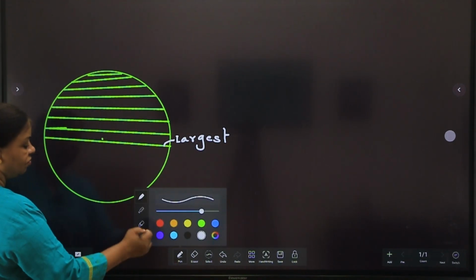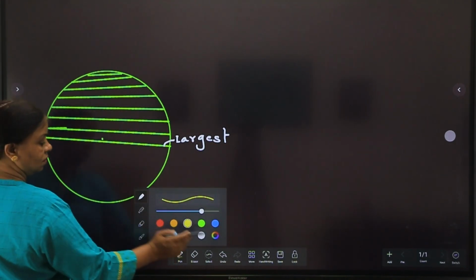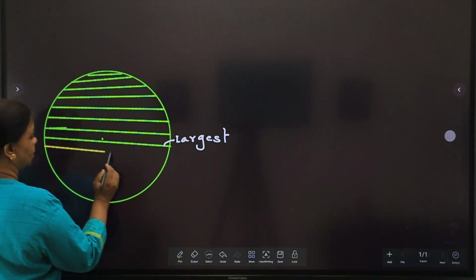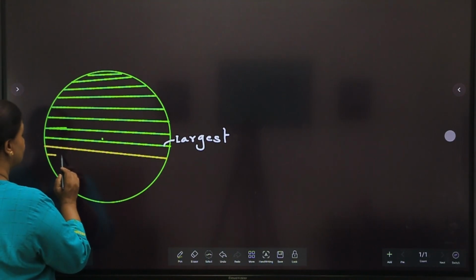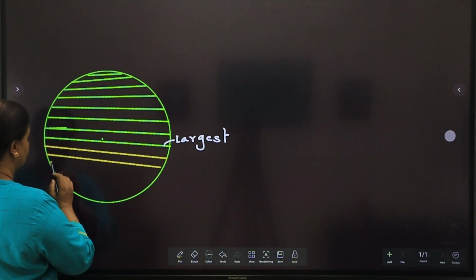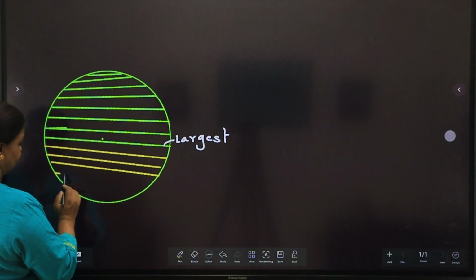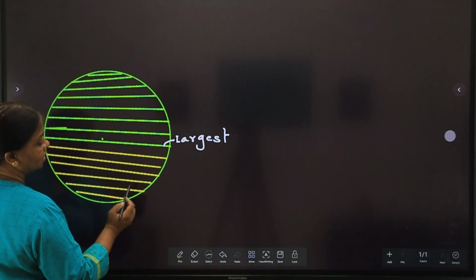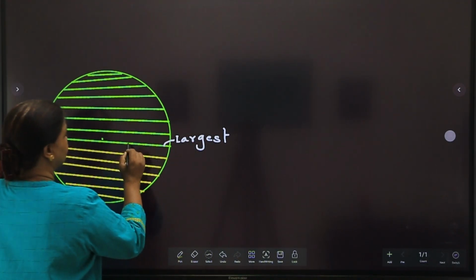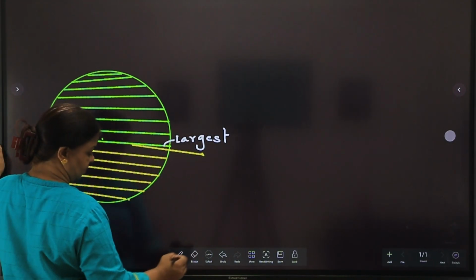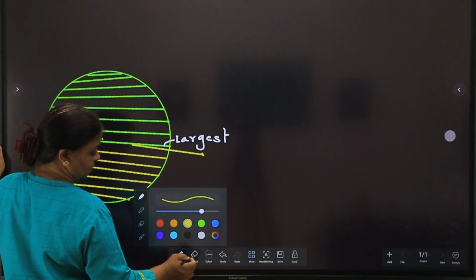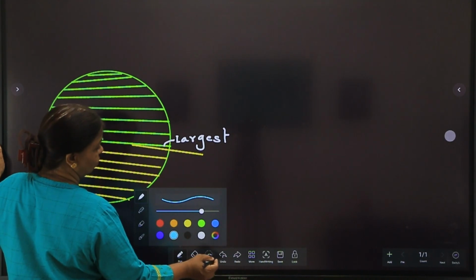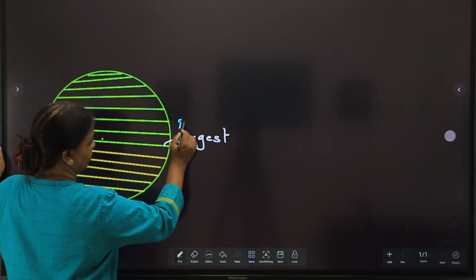Okay. After this, if I draw the line, this will now be smaller. It keeps on decreasing. So, which is the largest chord? The diameter. The diameter is the largest chord.